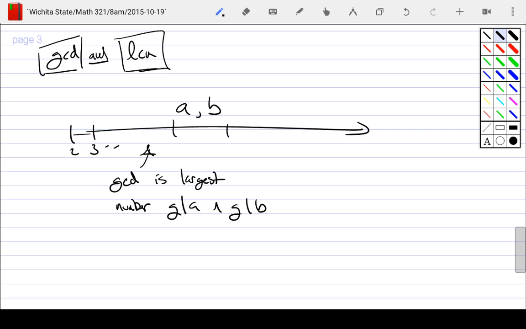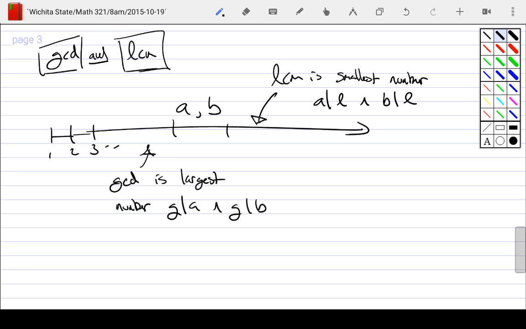And actually we ought to go, sorry, forgot, 1. 1 divides everything too. What's the largest number below these, the ones furthest to the right, that is going to both divide A and divide B? On the other hand, the LCM goes up, and the LCM is the smallest number above them such that A divides that LCM and B divides the LCM.